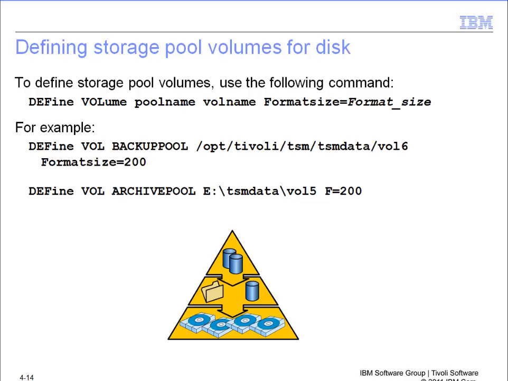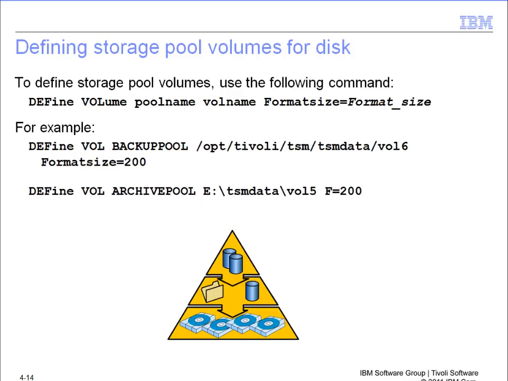Here's an example of defining a volume for a disk. So this would be our top level. This is our destination pool. Define volume, the name of the storage pool, the name of the volume, and the format size is the size. Our example: define a volume for backup pool.